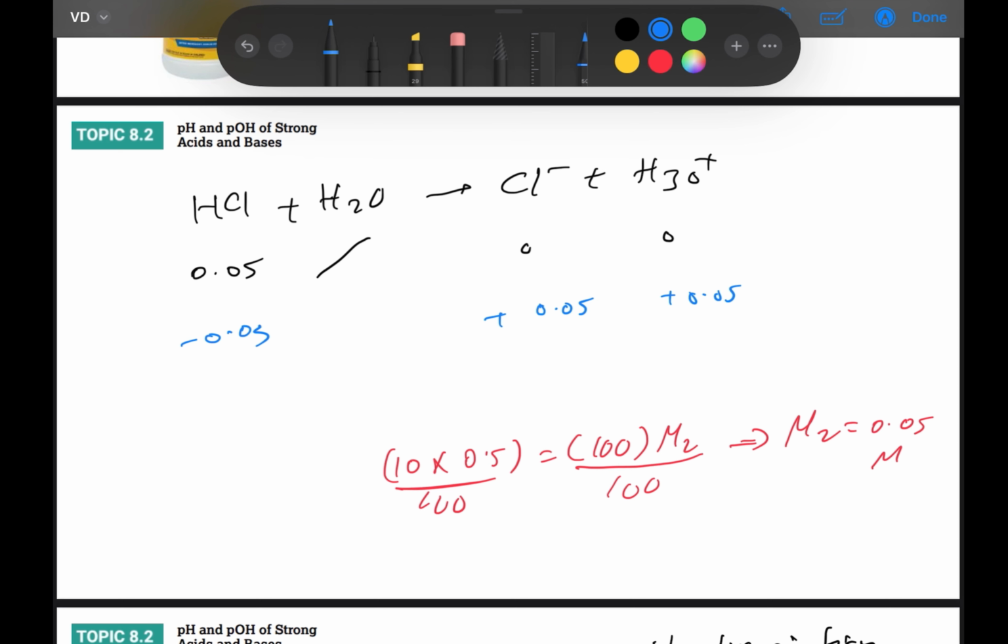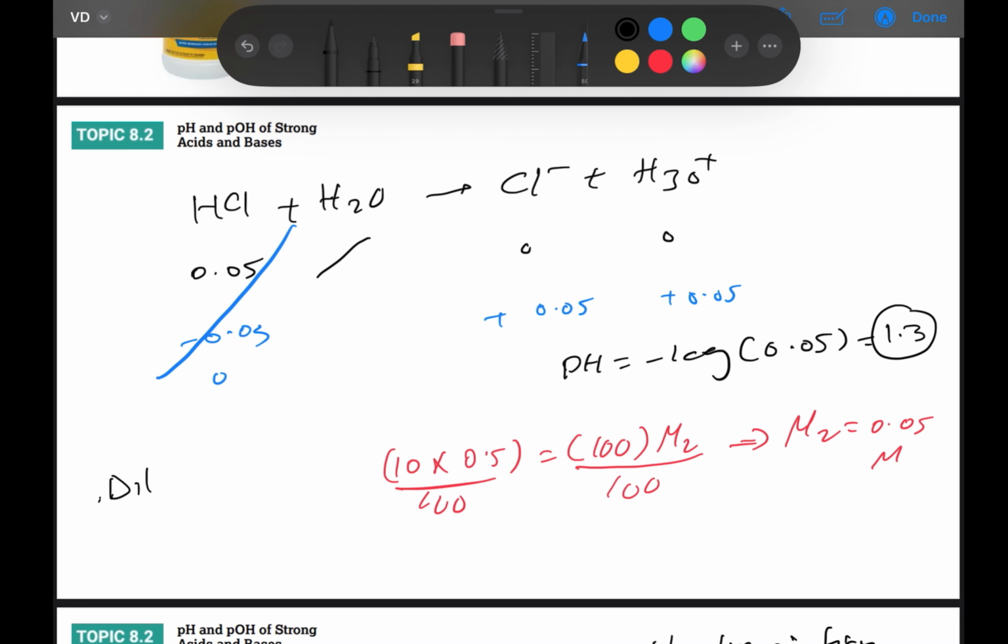And since we completely delete the amount of HCl, if you want to calculate the pH, I have to say the pH is equal to negative log the concentration of 0.05, and you will end up with another pH, which is 1.3. We can conclude that if we make dilution of an acid, the pH of the acid will increase and it becomes less acidic.